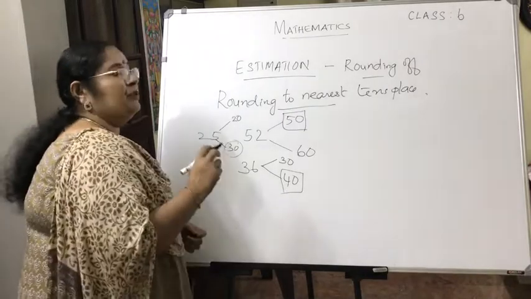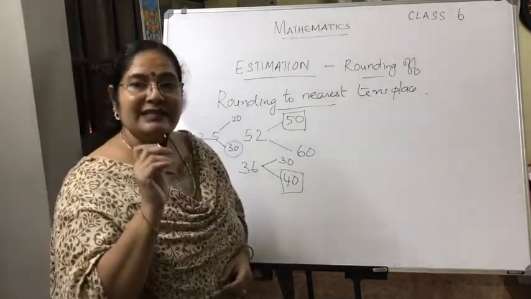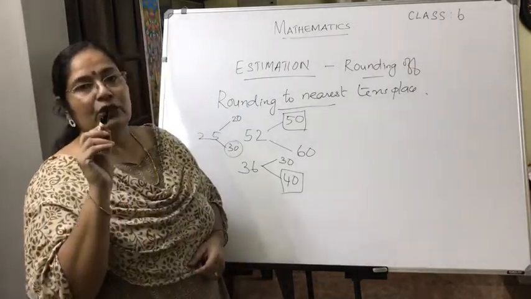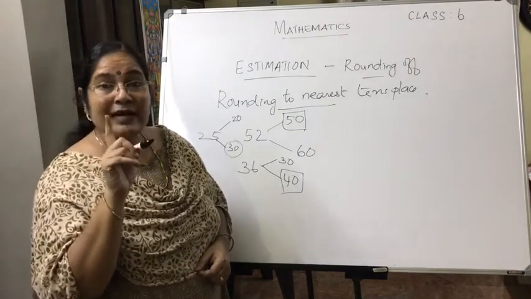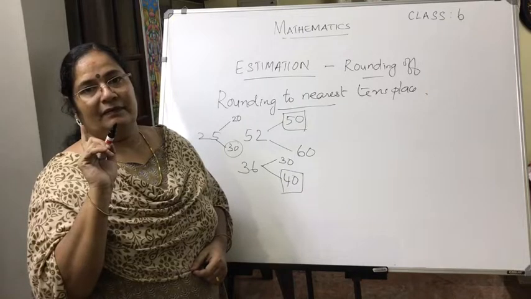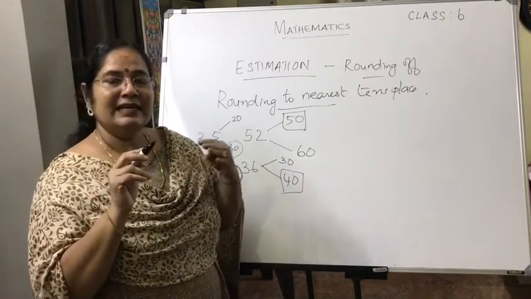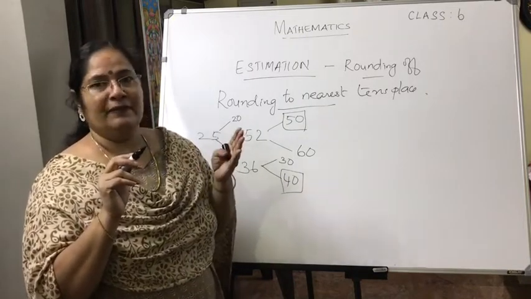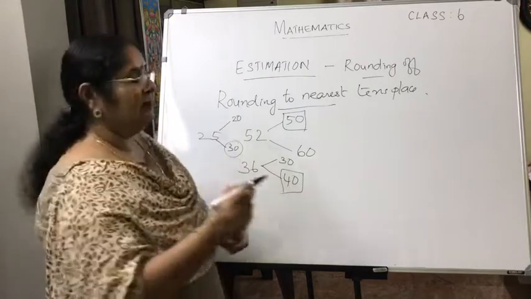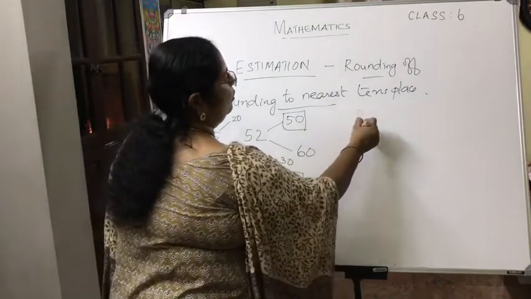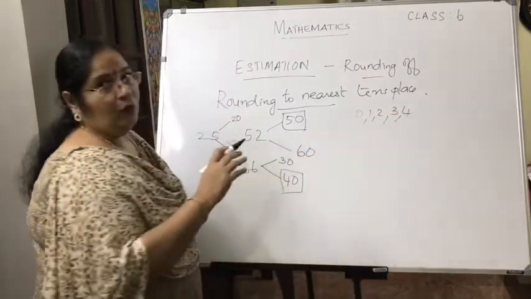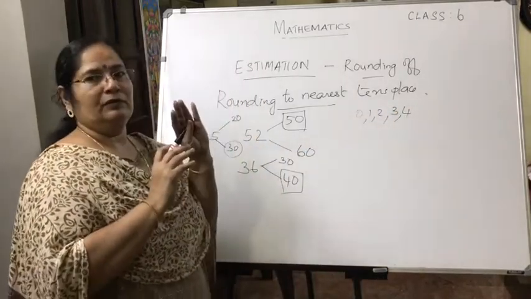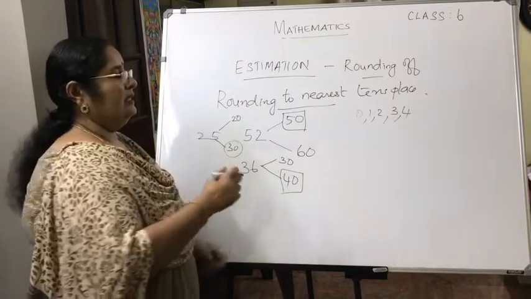If you are asked to round a number to the nearest tens place, you look for the digit coming in the ones place. And you will categorize it into two groups. If the digit in ones place is say 0, 1, 2, 3 or 4, it forms one group, one set of numbers.